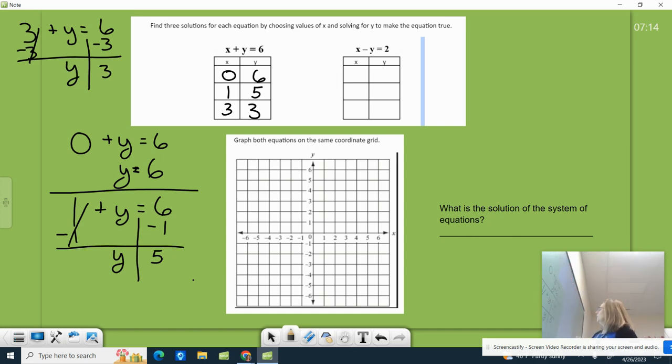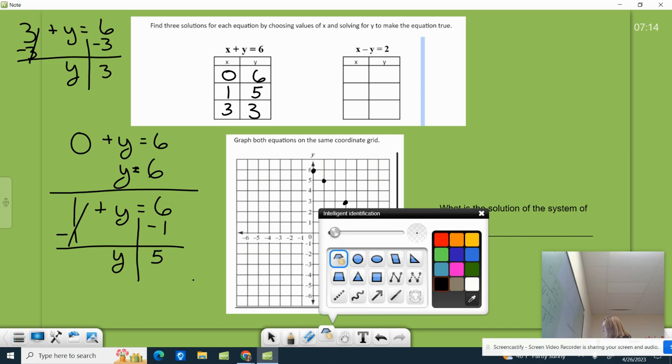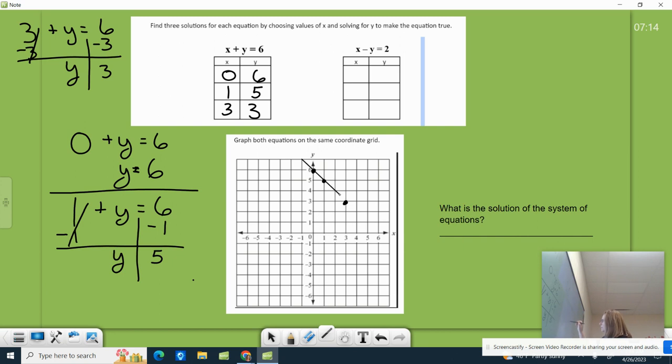All right. So coming over to my graph, these are coordinates: 0, 6, 1, 5, 3, 3. They should make a line if you've done it correctly, because this still is linear. All right, there we go.